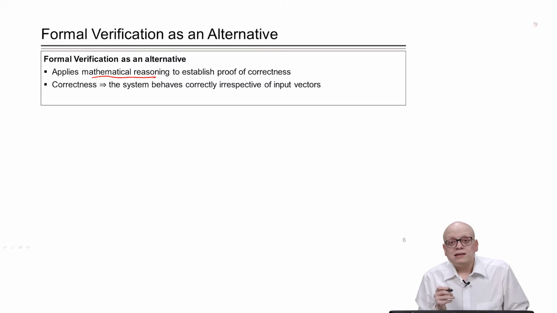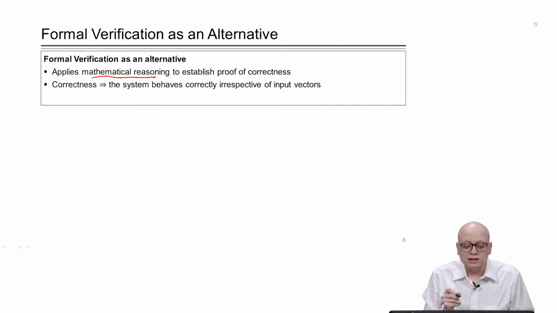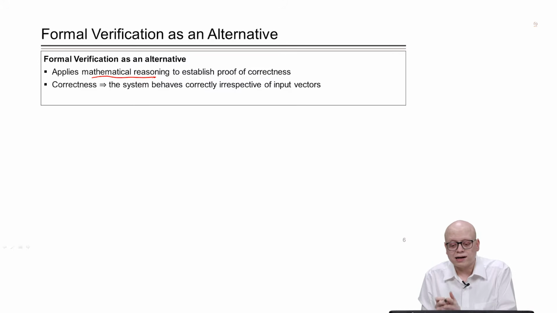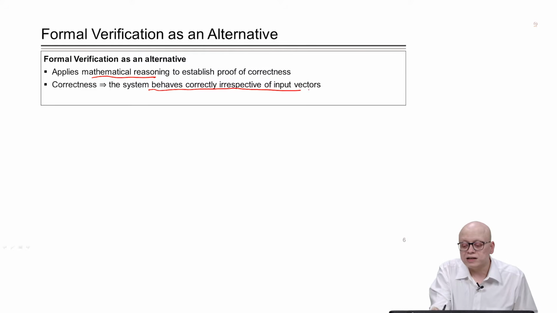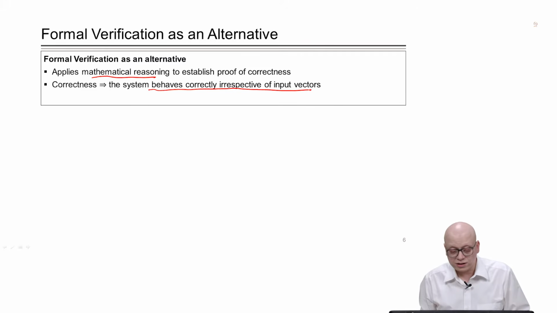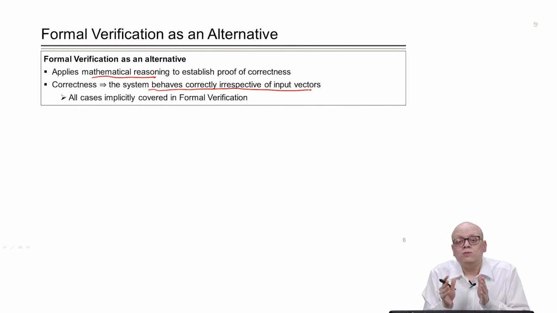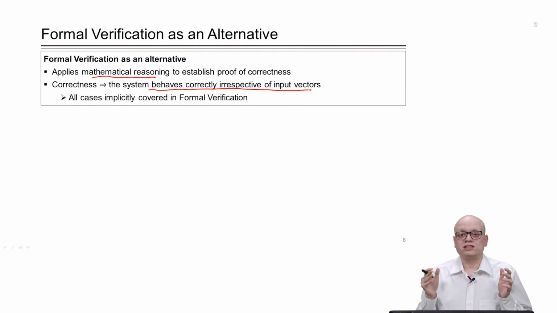Once, using mathematical reasoning, the formal verification tool is able to establish the correctness of a design, by correctness it implies that the system behaves correctly irrespective of the input test vector, and implicitly the design will work correctly for any given test vector.